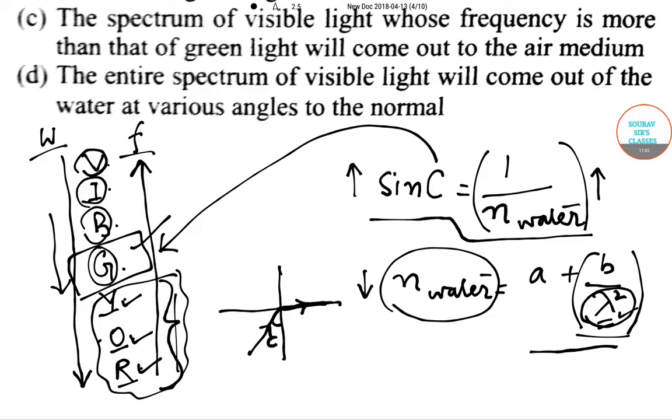But since all the lights are in the visible spectrum, hence all those lights are coming along with green colored light.